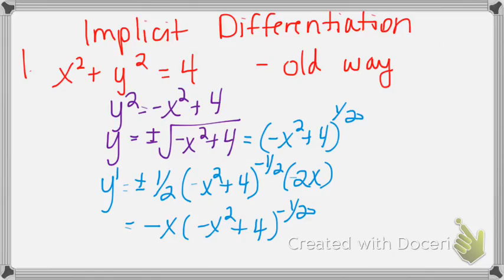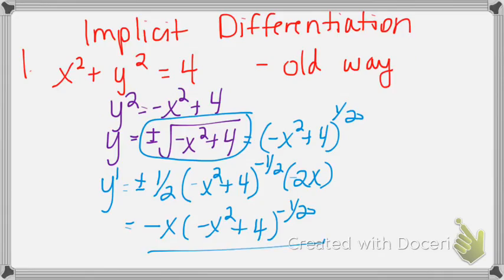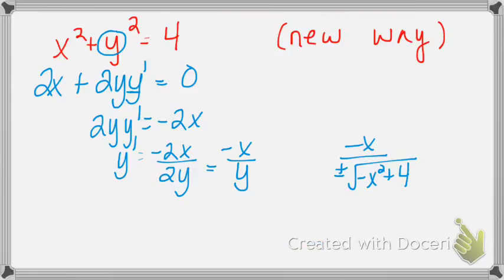Now, I want to go back just a second. It says negative x over y. Well, this is what y was right here. And this is telling me that the derivative is negative x over what I have circled, and if you go back to what we said the derivative was, that's the same thing, it's just written a different way.